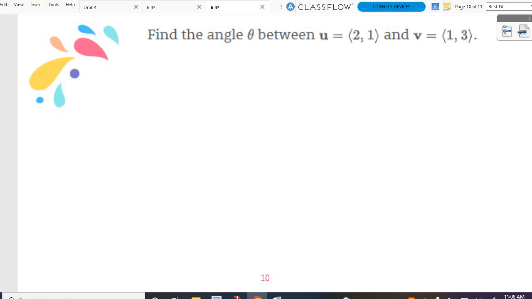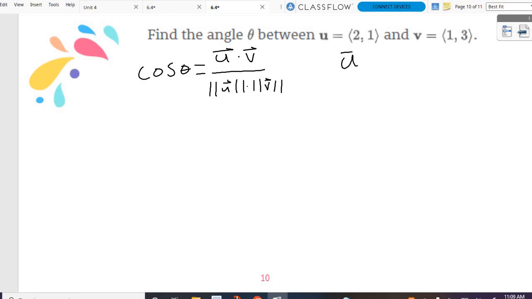So what we get? 45, divided by the magnitude of u times the magnitude of v. So u dot v this time is 2 times 1 plus 1 times 3, which is also 5.